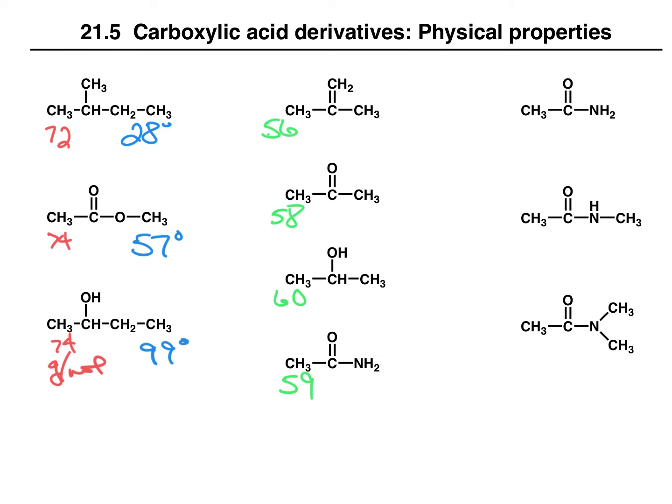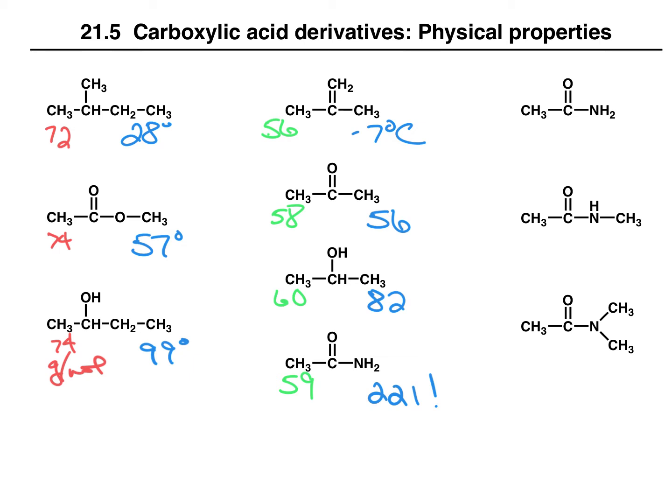So our boiling points are -7 degrees Celsius, and then 56, 82, and 221. So the hydrogen bonding is incredibly important. Strong intermolecular forces mean it takes a lot of energy to break apart those intermolecular forces.